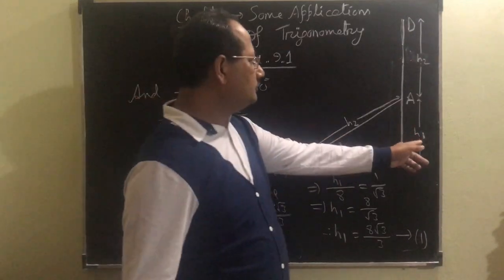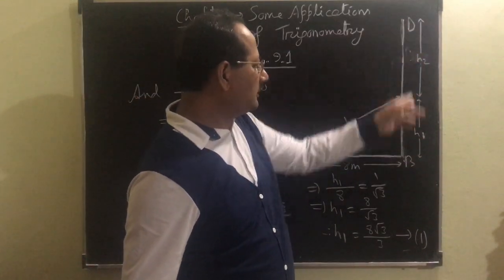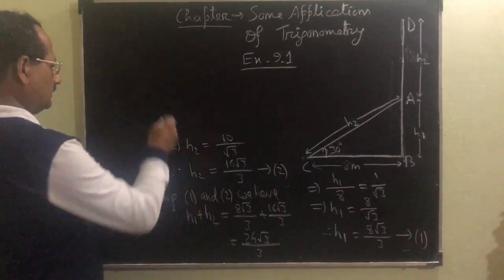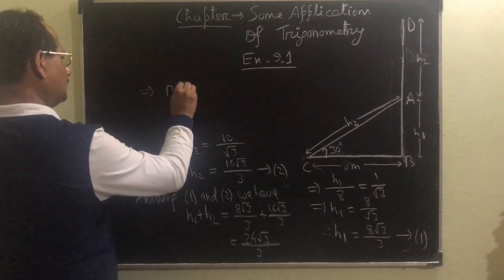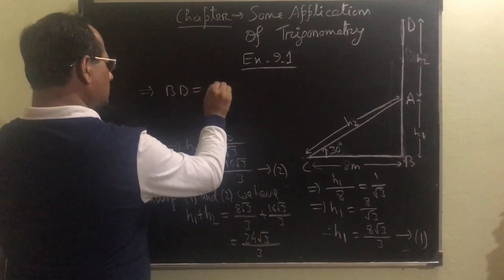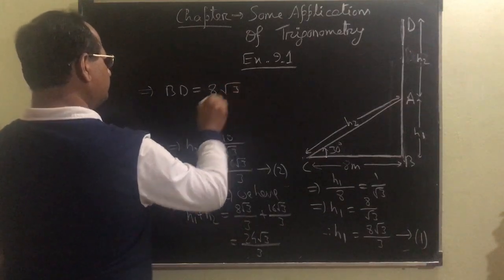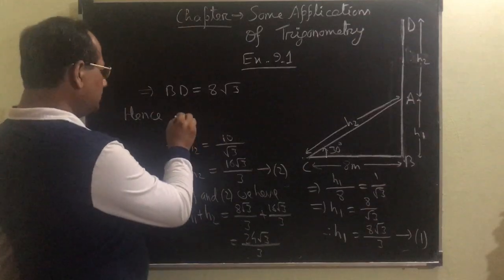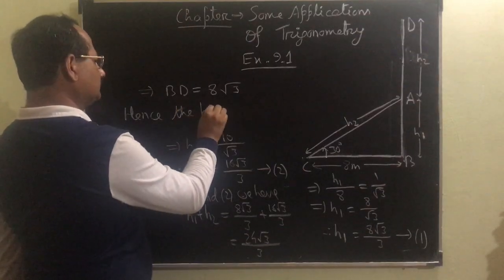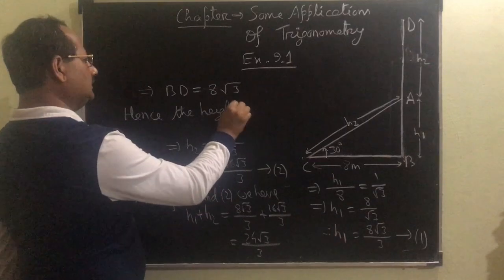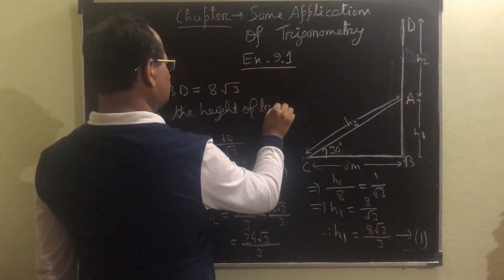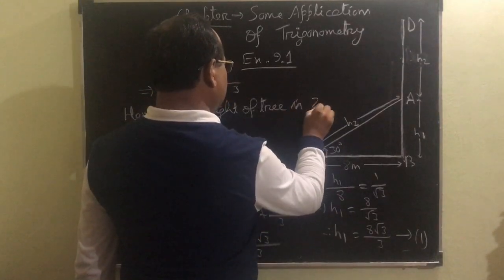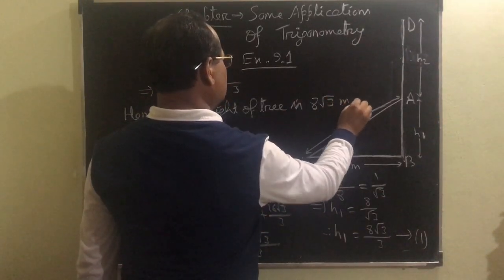And what is H1 plus H2? That is BD. Implies BD equal to 8 root 3. Hence, the height of the tree is 8 root 3 meter. This is the answer.